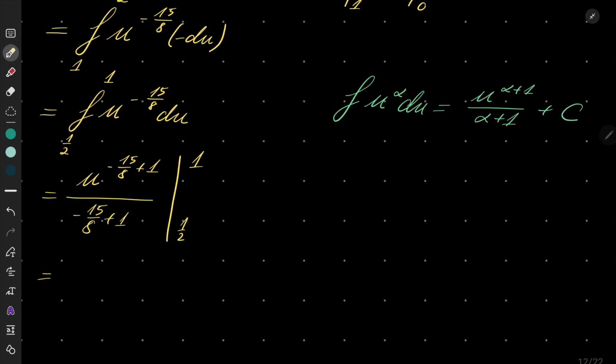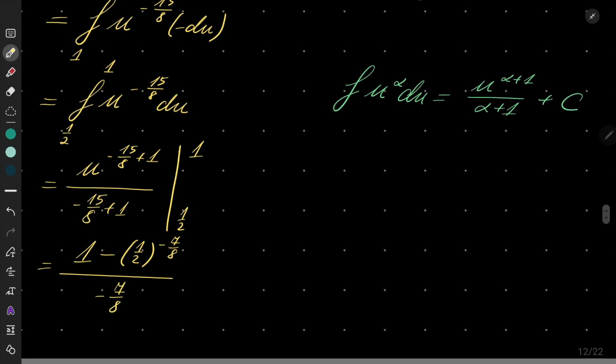And that is, minus 15 over 8 plus 1 is minus 7 over 8. So I have 1 minus 1/2 to the power minus 7 over 8, all over minus 7 over 8.